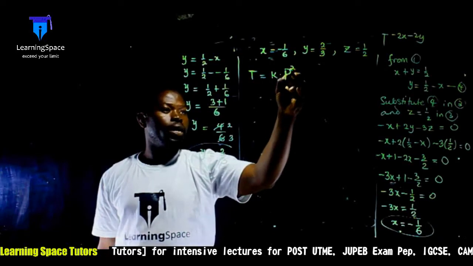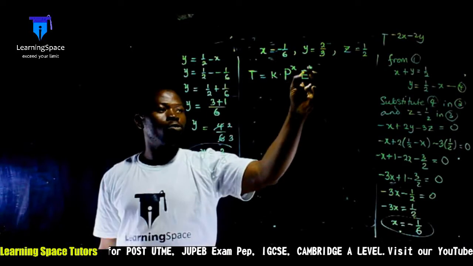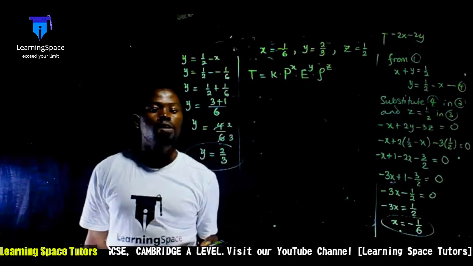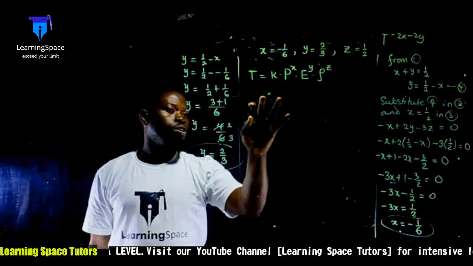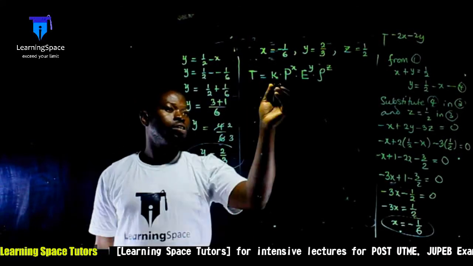p raised to power x dot the blast energy raised to power y dot density raised to power z. Knowing fully well that this proportionality constant is dimensionless, we can ignore it.